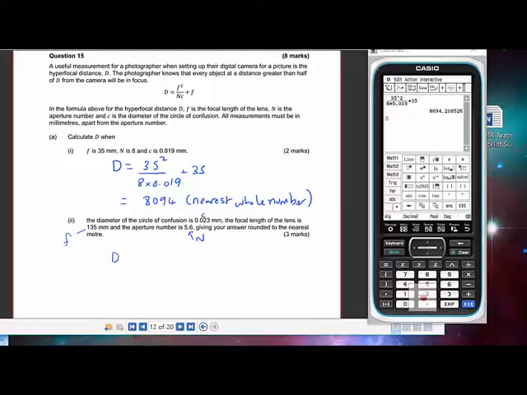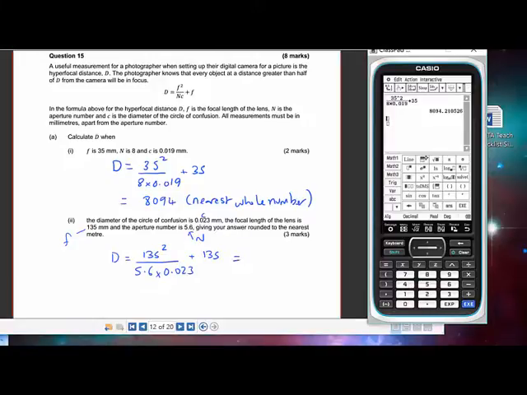So D is going to be 135 squared over 5.6 multiplied by 0.023, and then we add 135.